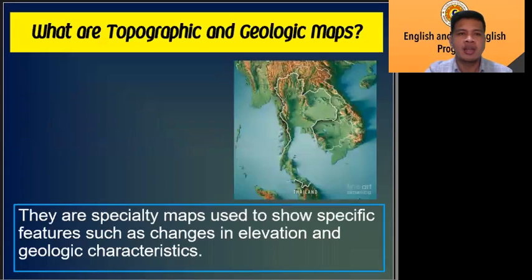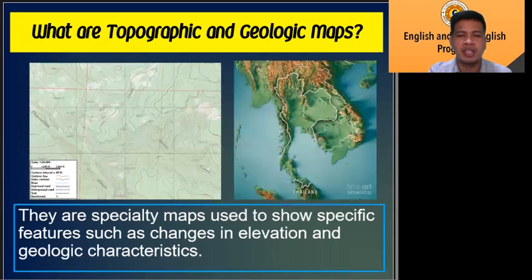Okay, so what are topographic and geologic maps? So these two kinds of maps are specialty maps used to show specific features such as the changes in elevation and the geologic characteristics. Right, so I have here on the screen, this one is a kind of topographic map.